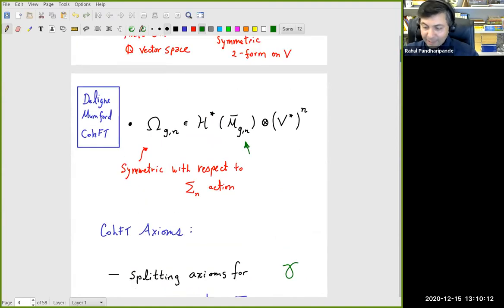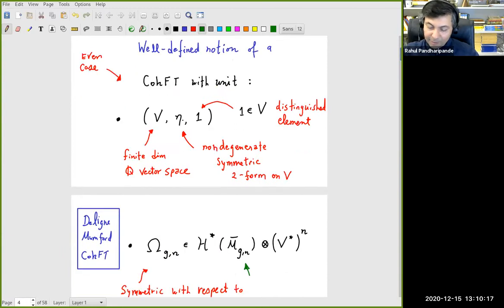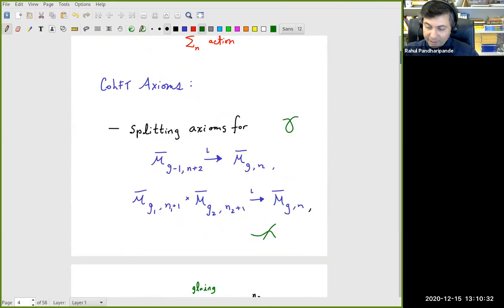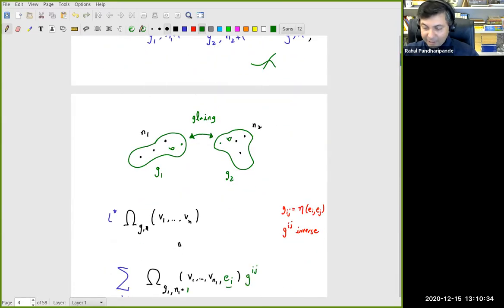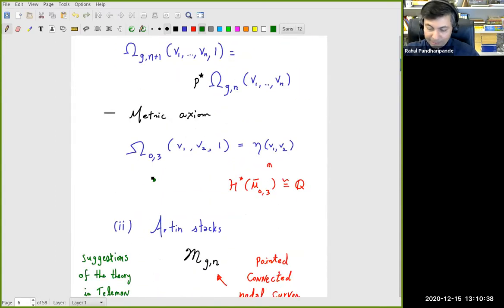There are examples, they'll come later, but it's this data that starts with this vector space, and it allows you to get cohomology classes in the moduli space. And if you follow this, you actually find, using the genus 0 data, that there's a quantum product, etc., and then there's a higher genus part. I hope some people have heard some aspects of this stuff before, but anyway, that's the quick introduction to CohFTs of the Deligne-Mumford case.